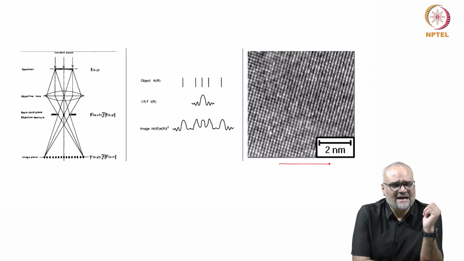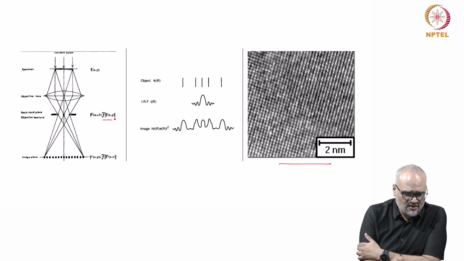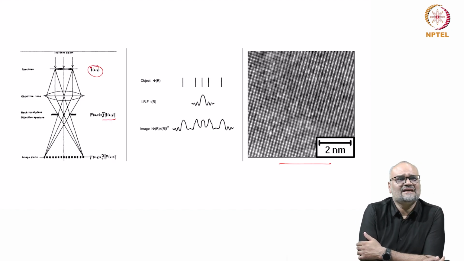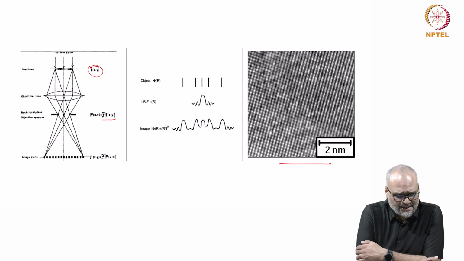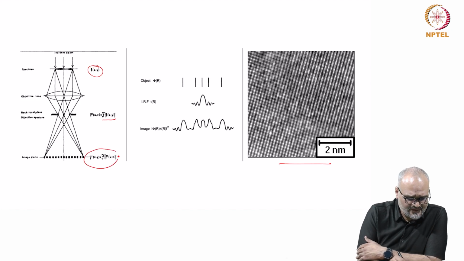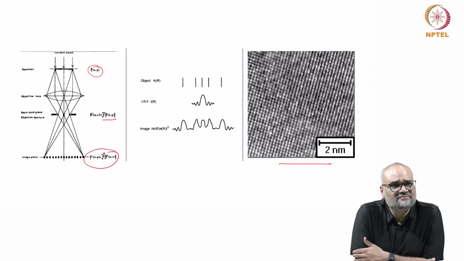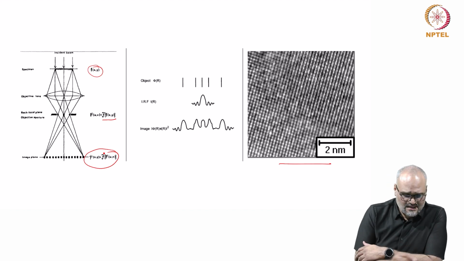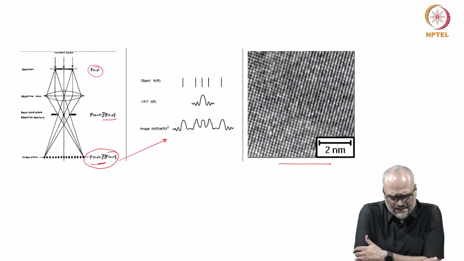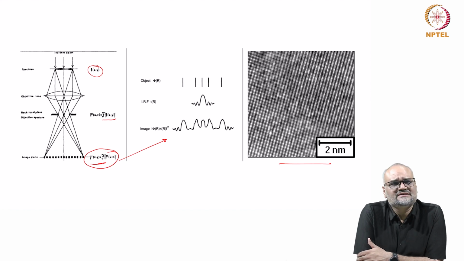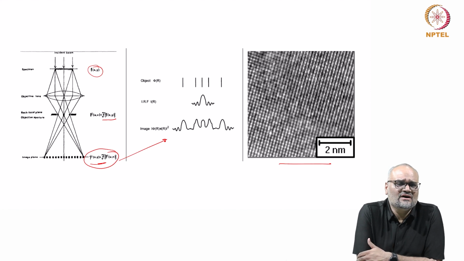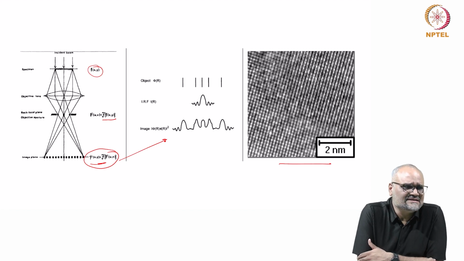So at the back focal plane, I first have the Fourier transform of whatever information I have from the exit wave, and I again have the inverse Fourier transform at the image plane. Now this image that is recorded is a convolution of the object function, or the exit wave, with the point spread function, or the impulse response function in a broader sense.